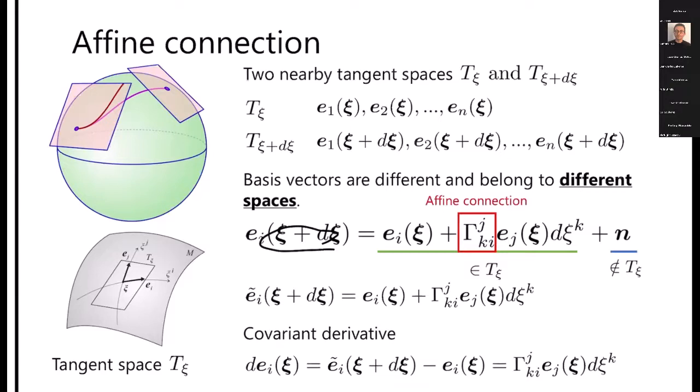And this difference is expressed by this gamma term, which is called the affine connection. So this is a sort of definition of the covariant derivative, and this quantifies how much the two tangent vectors are different.